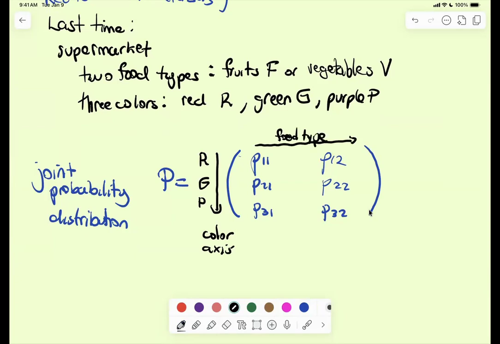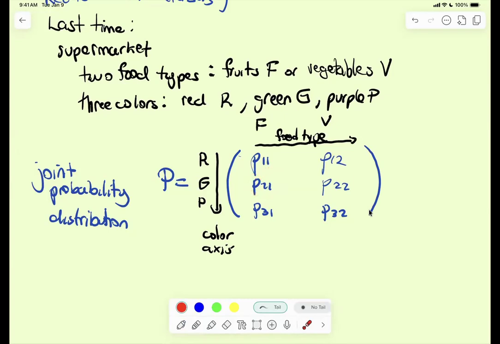Here I'm putting first fruits and then vegetables. So for example, what does this represent? It represents the probability that the customer chose a fruit which was green, and things of that sort. That's how you read it.